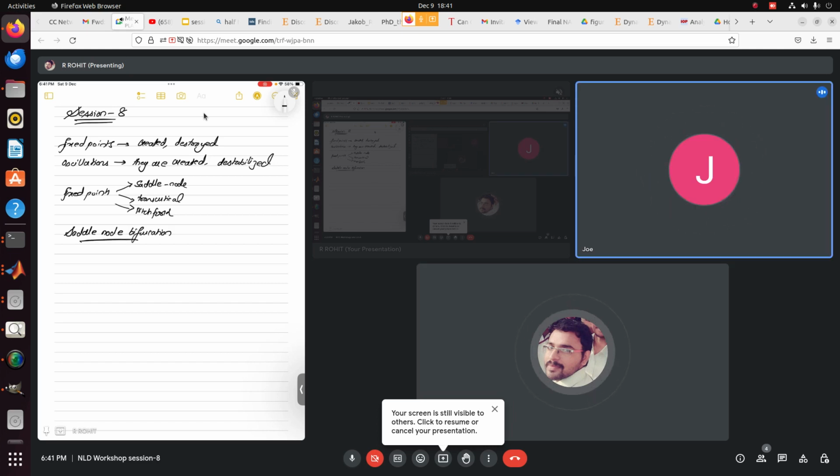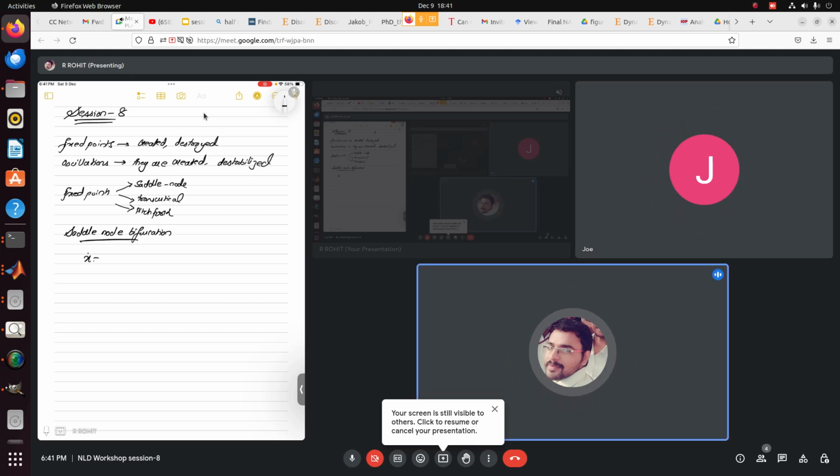Initially the equation was x dot equals r minus x square. Now we consider x dot equals nu minus x square, and we add a 2D condition, y dot equals minus y.